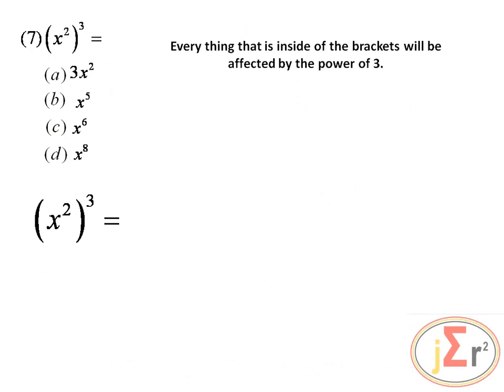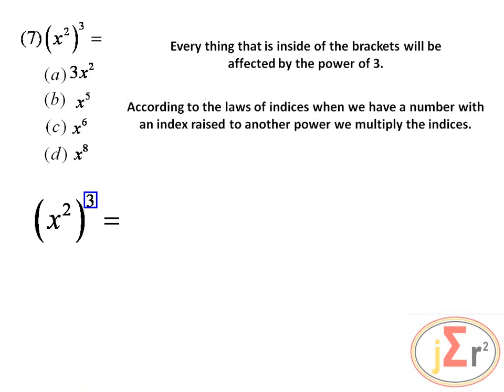Everything that is inside of the brackets will be affected by the power of 3. Right? Every single thing. But how so? It is the power of 3 that will affect everything that we have inside of that bracket.